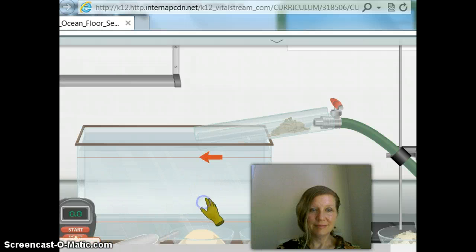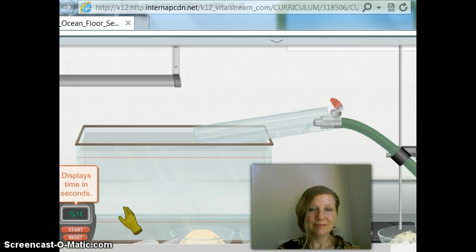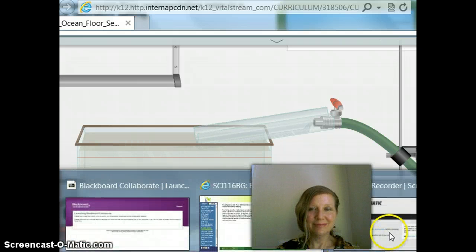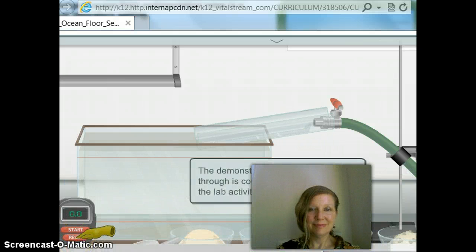Click to drop the scoop. When the first particles reach the top mark on the tank, click to start the timer. When the first particles reach the bottom mark on the tank, click to stop the timer. The stopwatch displays the settling time in seconds. Click to reset the timer. The demonstration walkthrough is complete. Begin the lab activity.